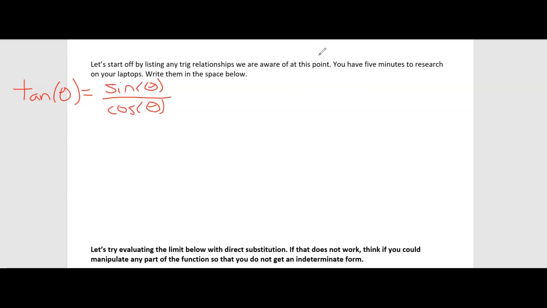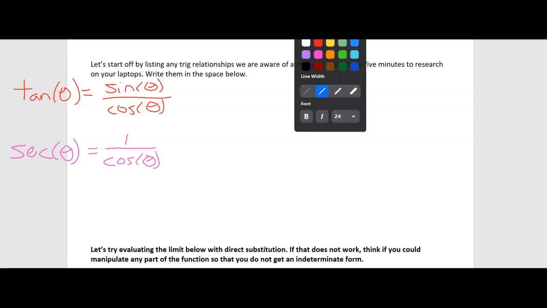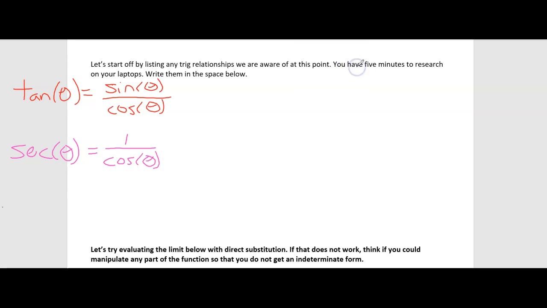The next one, secant of theta. Remember, this is the reciprocal of cosine, so this is going to be 1 over cosine of theta. Likewise, cosecant, CSC of theta, is the reciprocal of sine of theta.